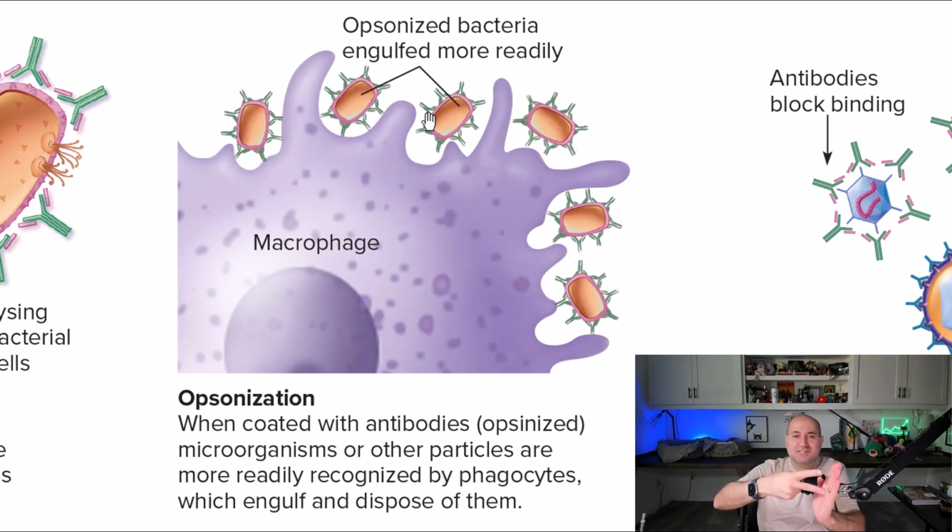So it's going to stick to that virus and that's going to flag it for phagocytosis. Remember your phagocytic white blood cells like macrophages, dendritic cells, neutrophils, they're going to spot an antibody that's stuck to an antigen very easily, and that is easily phagocytosed and identified.